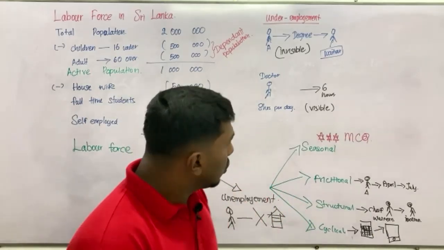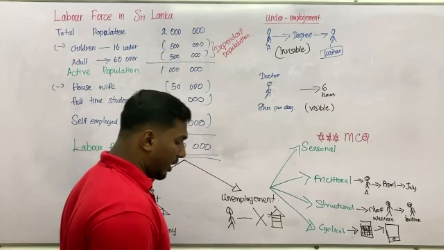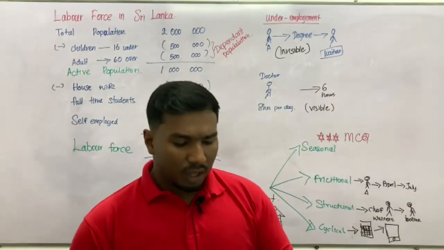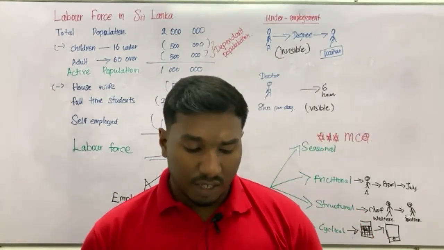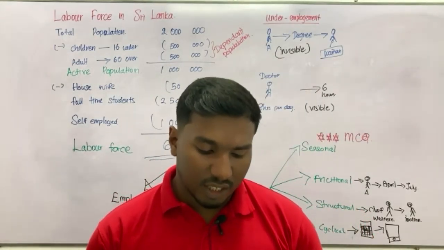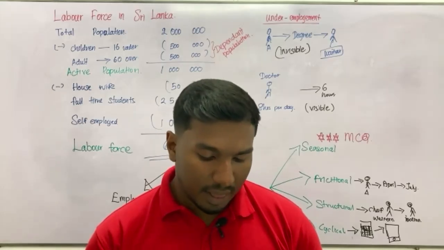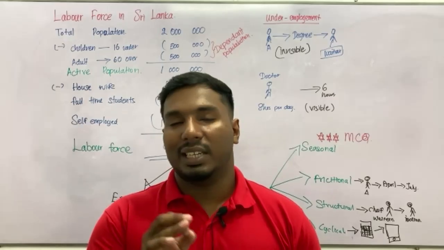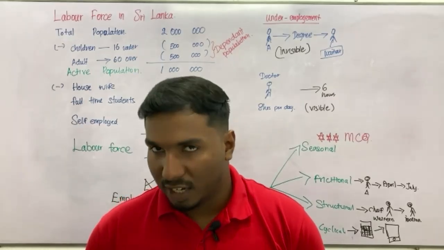So these are the 4 types of unemployment, and after that there will be some notes: the unemployment of Sri Lanka, the key characteristics and reasons for unemployment, and the social and economic consequences of unemployment.